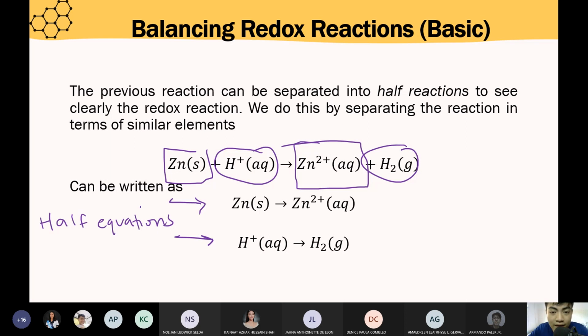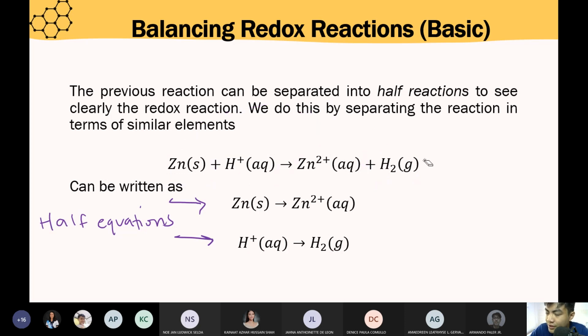Okay? So, tawag dyan half equations. Bakit half equation? Kasi tigkalahati sila ng isang buong equation. Zinc to zinc 2+, H+ to H2. Okay? So, yun yung first step mo. Split your redox equation into 2. Okay? Zinc to zinc 2+, H+ to H2.